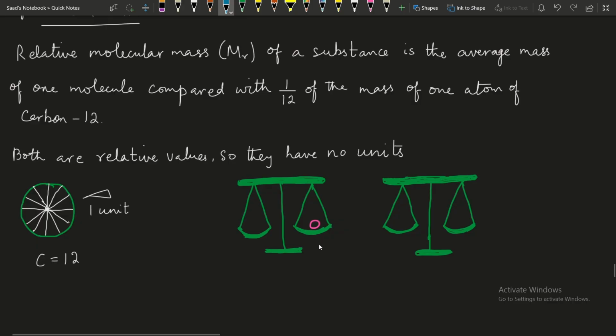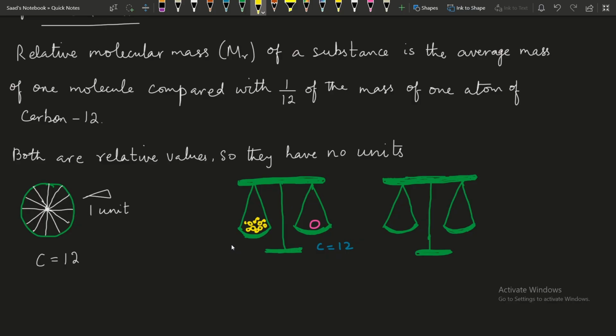For one carbon atom having a mass of, we said, just 12, on the other side, if I put hydrogens in it, hydrogen is a much lighter element, and I see I have to put 12 atoms of hydrogen to balance this one atom of carbon.